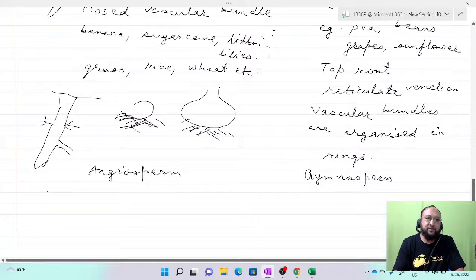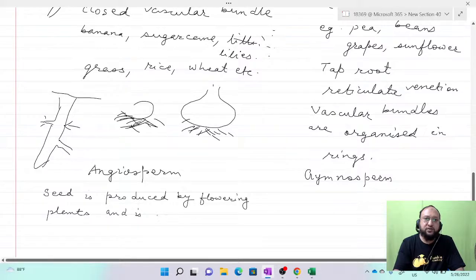Seed is produced by flowering plants, the most important and prominent difference, and is enclosed within an ovary.